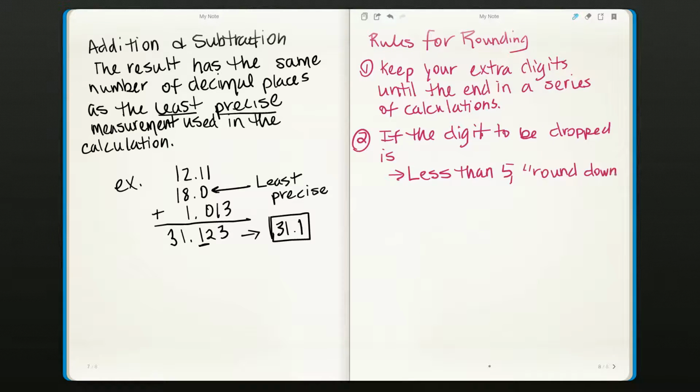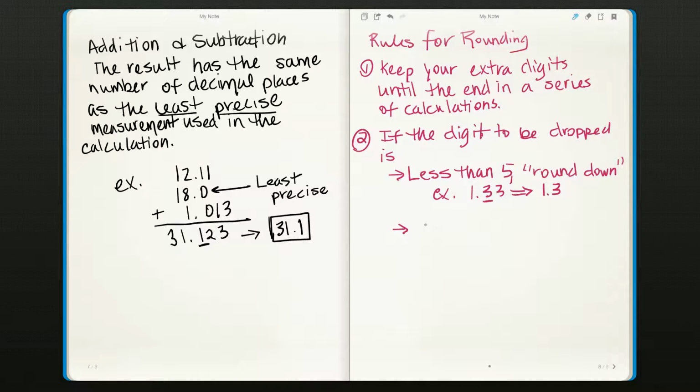So basically, whatever the number to the left of that will stay the same. So example, if you have 1.33 and you need to round it to this first decimal place, then your answer would be 1.3. So this number stays the same.